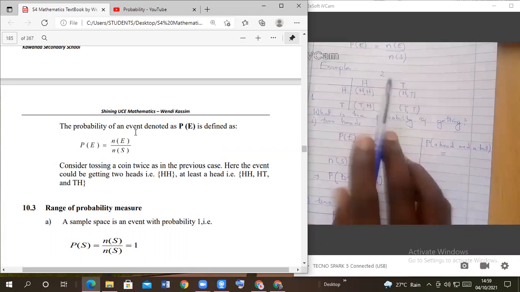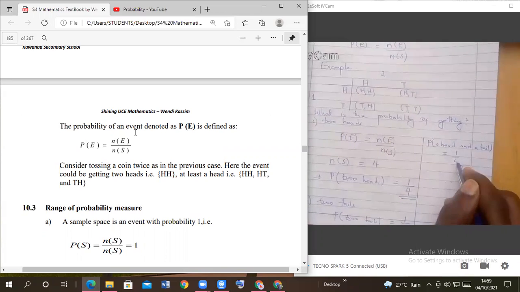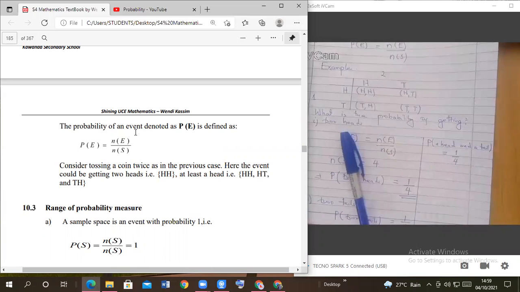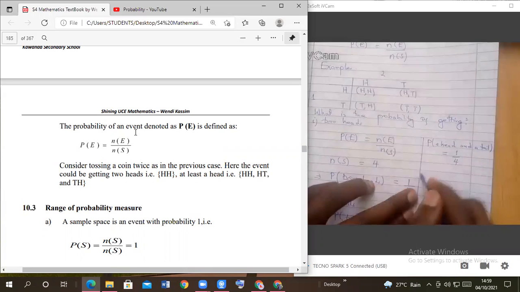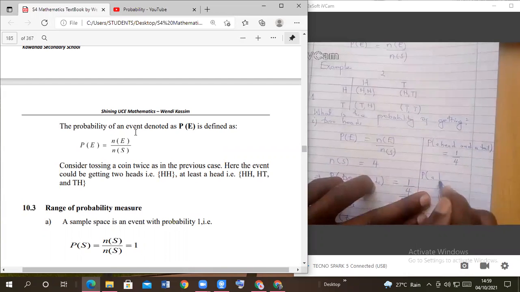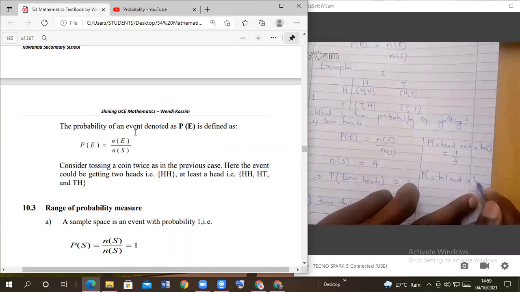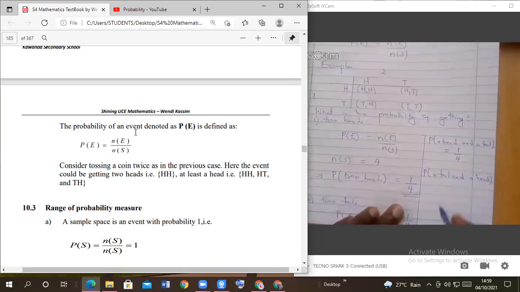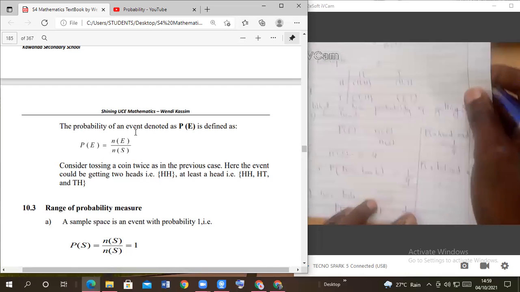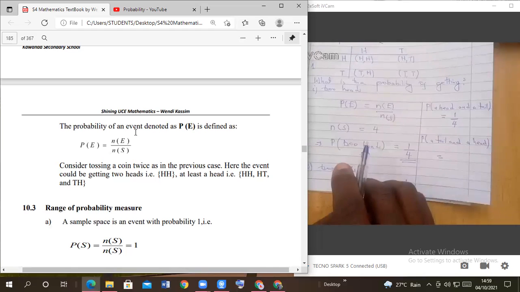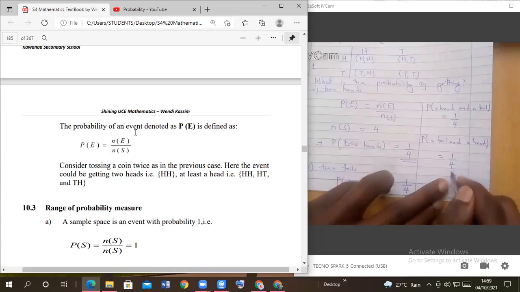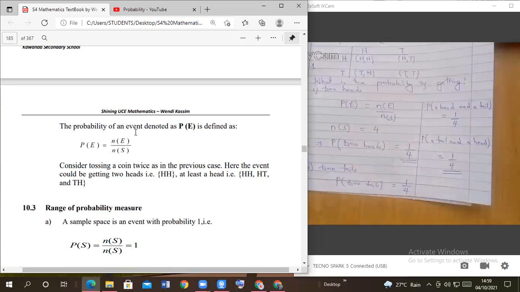The number of events is 1, so it becomes 1 out of 4. But if they asked you the probability of getting a tail and a head, in that order, the answer is 1 over 4.